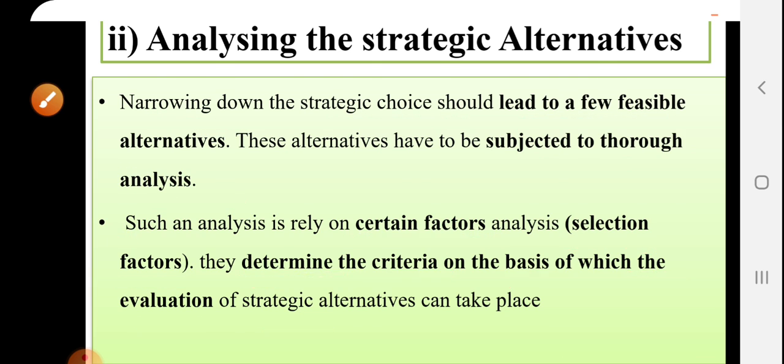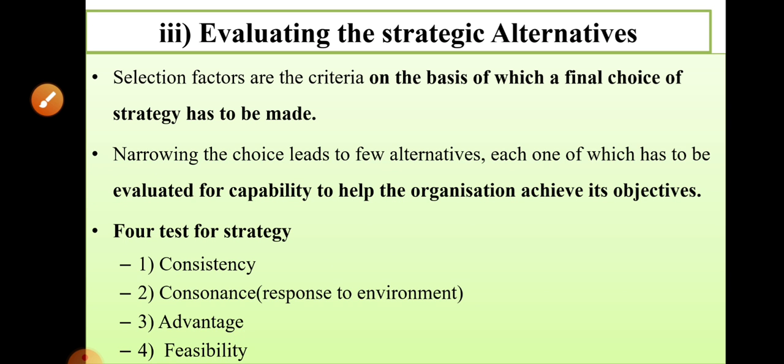Then the third step is evaluating the strategic alternatives. In the first step, focusing strategies, we found the various strategies which we can apply. Then in the second step we filtered those strategies which the company can feasibly adopt.